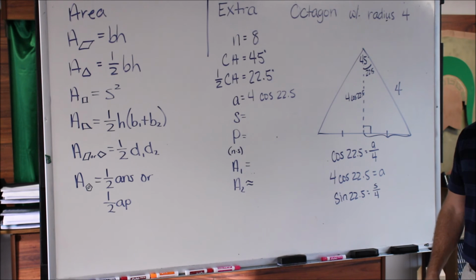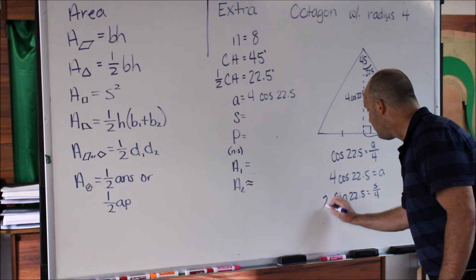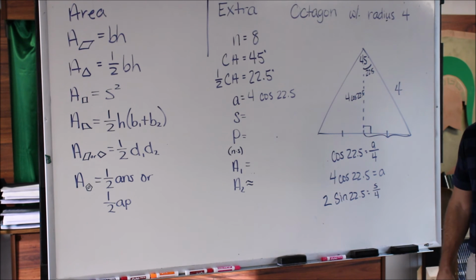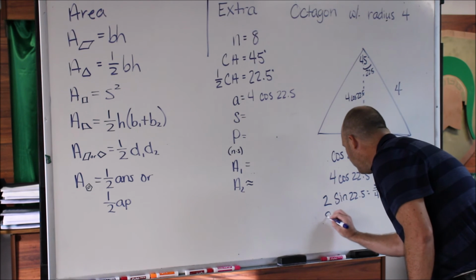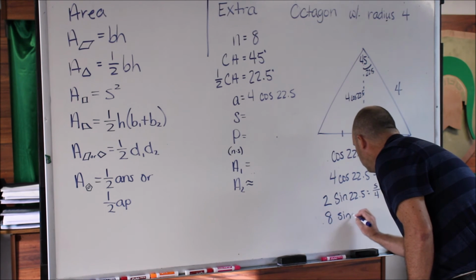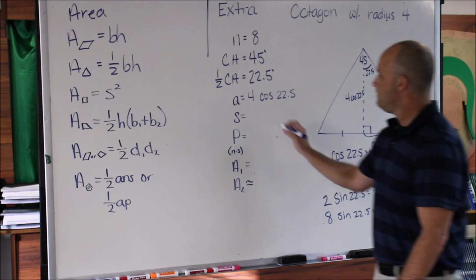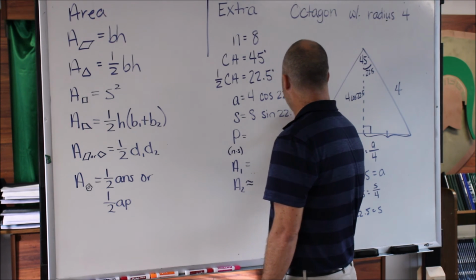Now remember that I'm going to have to multiply this entire thing by 2 anyways, so I'm going to put a 2 out here in front: 2 sine of 22.5. So when I multiply this by 4, I get 8 sine of 22.5 is equal to the side. So 8 sine of 22.5.